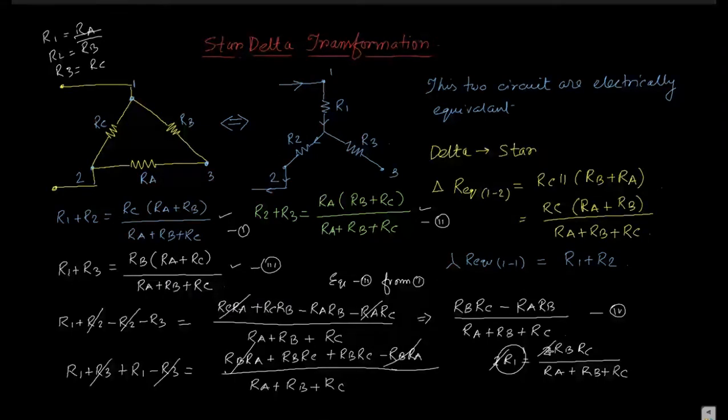Got it? According to that you can find R2. When R2 is calculated, RB is absent, so RA RC whole divided by RA plus RB plus RC. If you calculate R3, it becomes RA RB, as RC is absent, divided by RA plus RB plus RC.